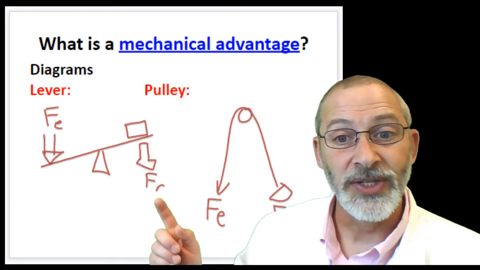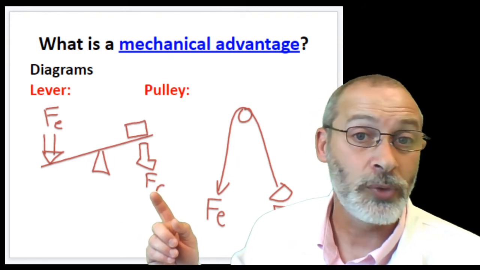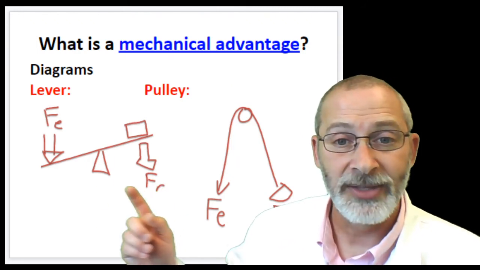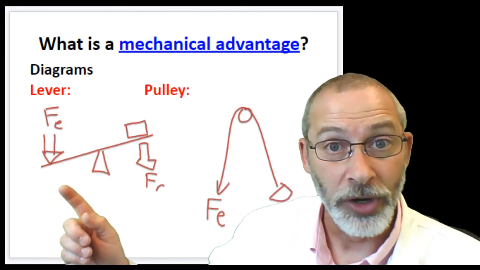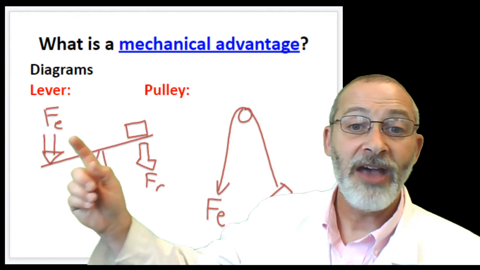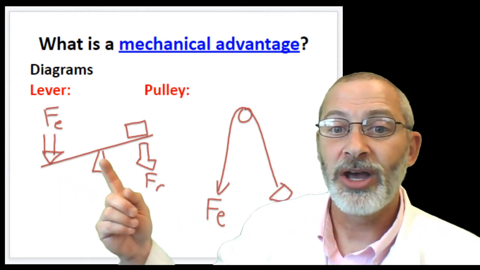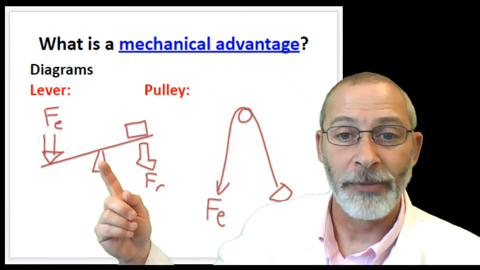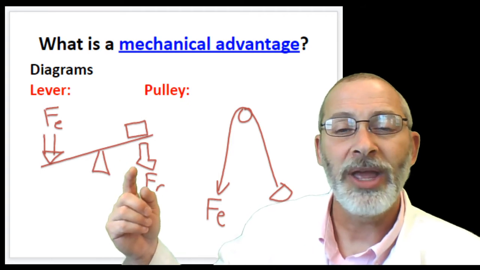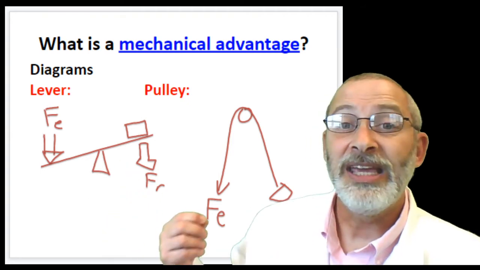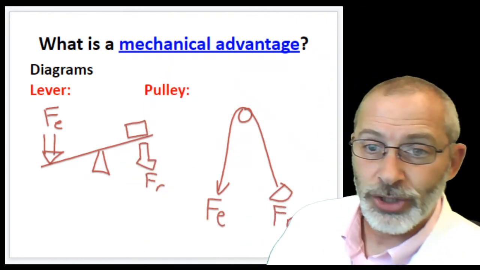The resistant force was the force being pulled down by gravity that we wanted to lift, or in our case earlier, to balance out. And we had to balance it out using an effort force. And that effort force was different based on the location of this device called the fulcrum, which we'll get into more tomorrow. But by moving that fulcrum, we were able to essentially increase or decrease our mechanical advantage.